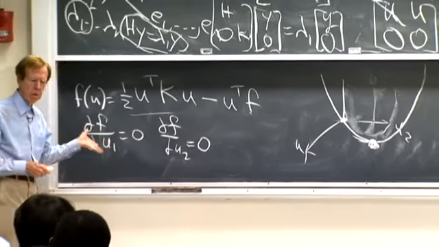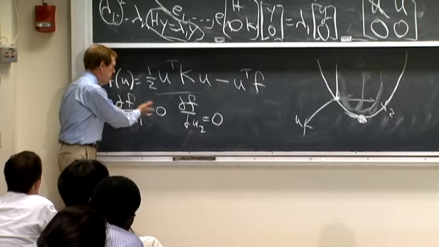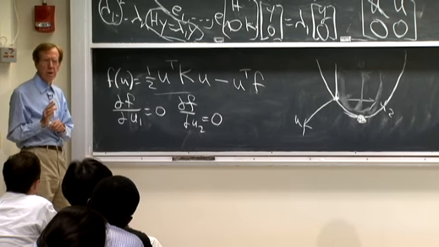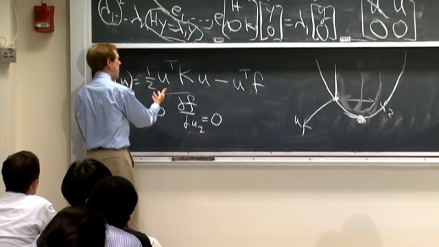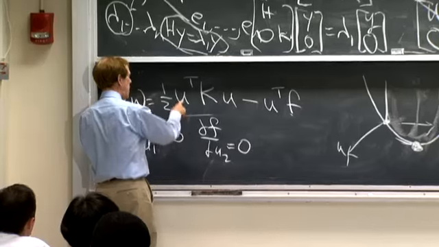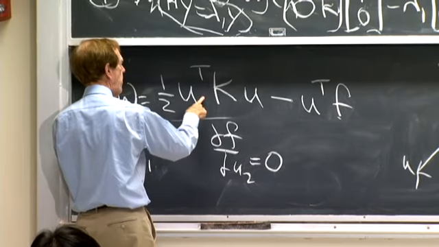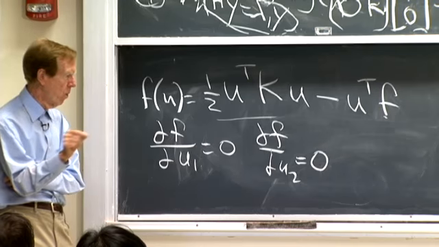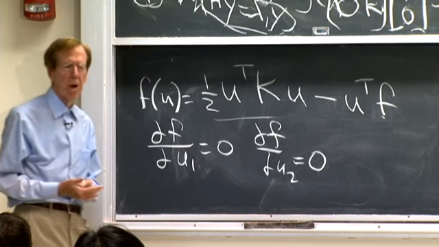So what's my point here? If you like calculus, you'll get to two equations. And I just want to say what those equations are because they're all important. Suppose we only had u1 and nothing else. Then this would just be a parabola. Suppose n is 1. So what's the derivative of 1/2 ku squared?